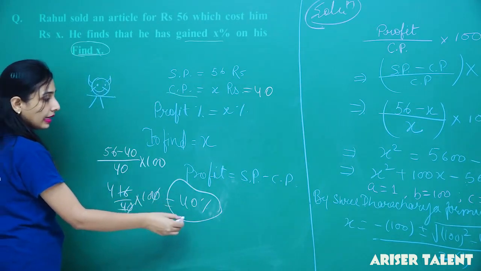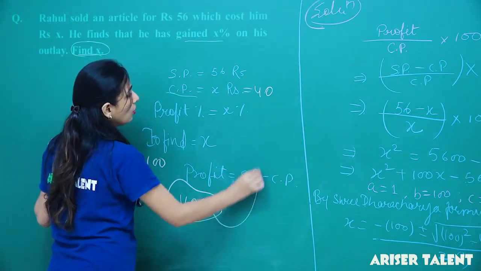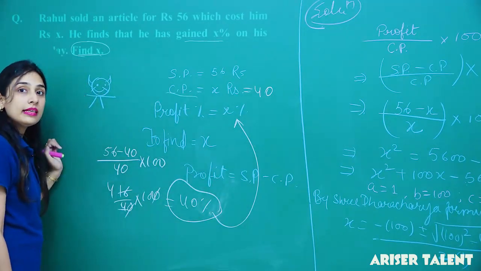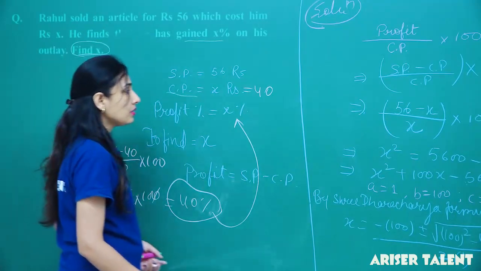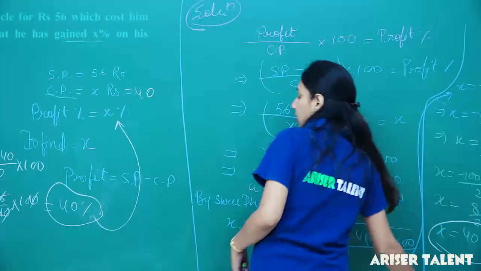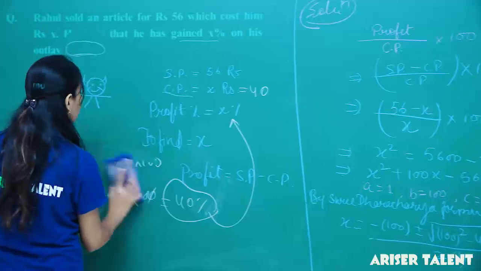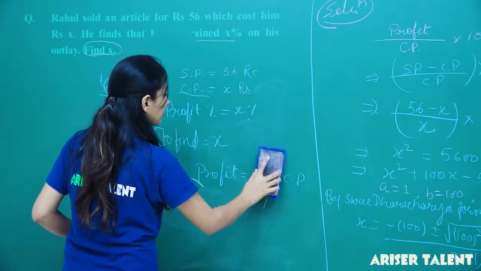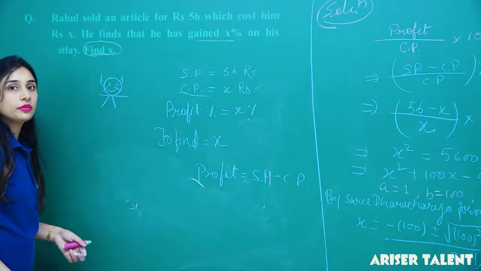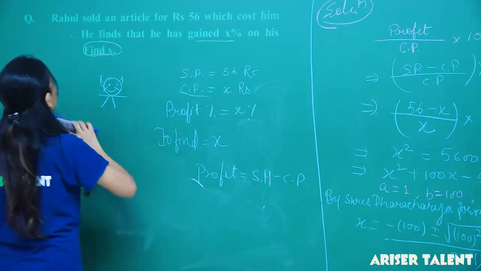So here I have x equals 40 again, 40%. So students, hence it is proved. Okay students, so just note this question so that we can move forward.